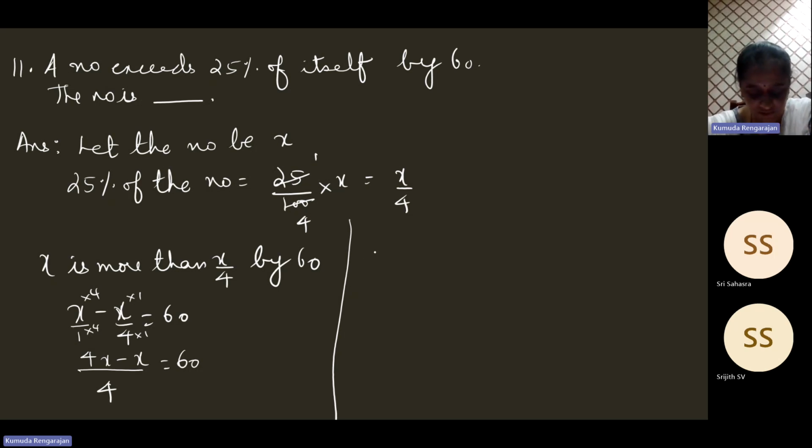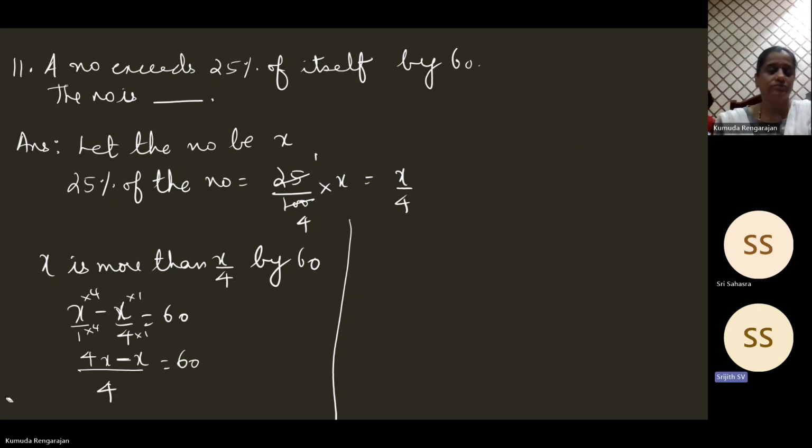What is 4x minus x? Ma'am, 4 and 4 will cancel. No, because the connecting sign here is minus. When there's a minus or a plus, you cannot cancel. If it was multiplication, you can cancel. Addition, subtraction, you cannot cancel.